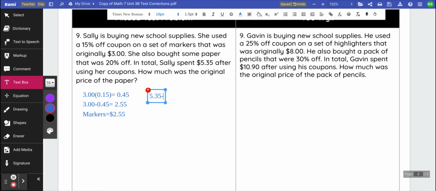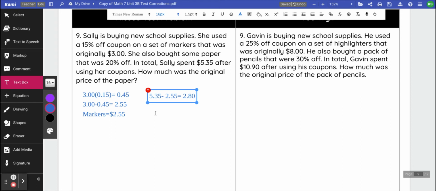So we take the $5.35 and subtract the $2.55. When we do that, we know the sale price of the paper was, let's see, 5.35 minus 2.55, we get $2.80. So that's the amount of money that was left over. That's the cost of the paper after the discount.